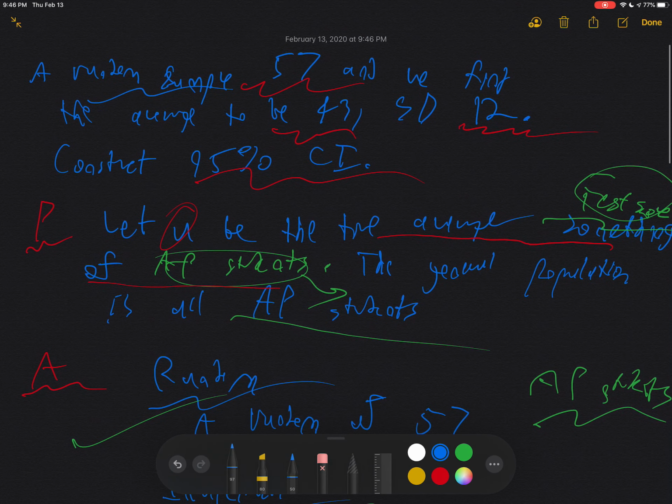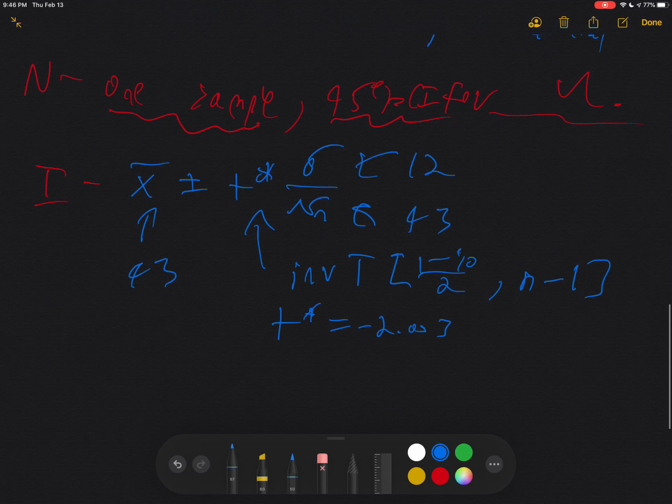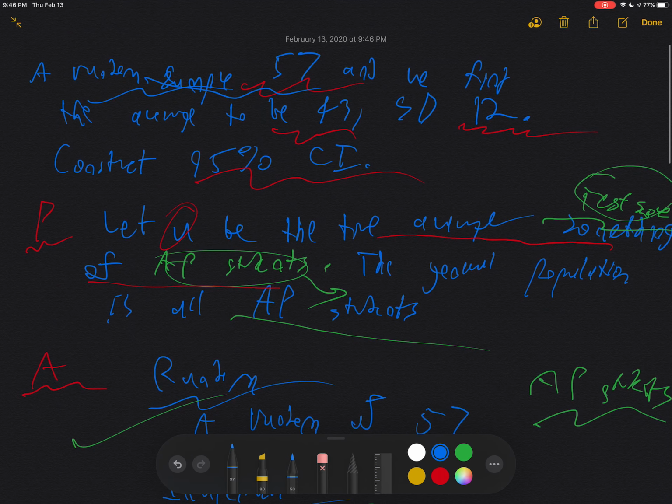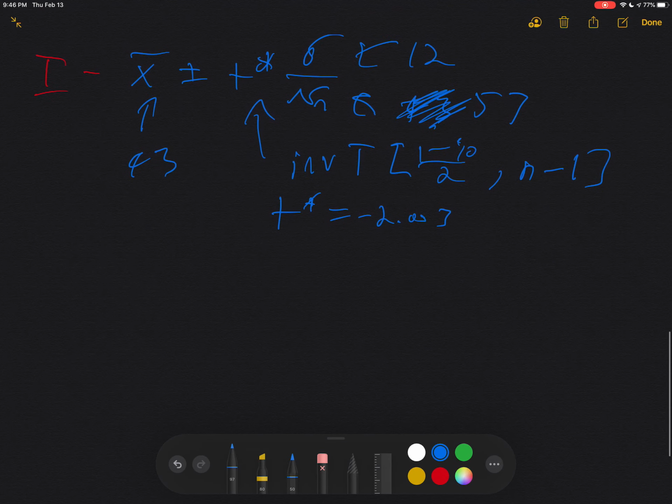So going back, the random sample size is actually 57 because it says so up there. I just messed up, so n is 57 here. Our standard deviation is still 12, and our x-bar is 43. So now we have 43 plus or minus negative 2.003 times 12 over the square root of 57, and we plug this all into our calculator.